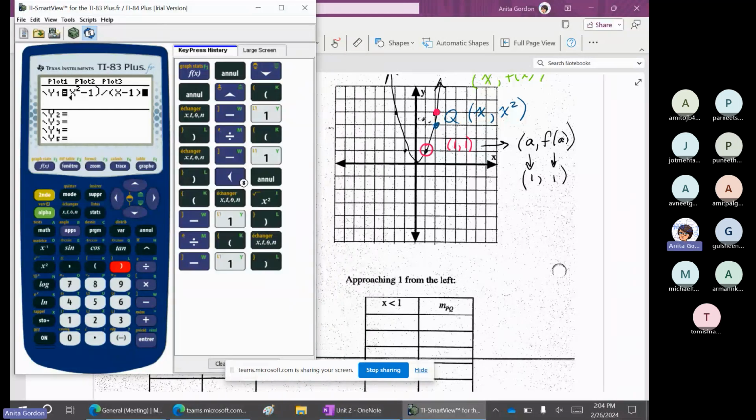Okay, now I want to be able to do the table of values, right? So I want to calculate all the different possibilities. So I'm going to go to second trace because the word calculate is on top of the trace button. Ooh, that did not work. Let me try again.